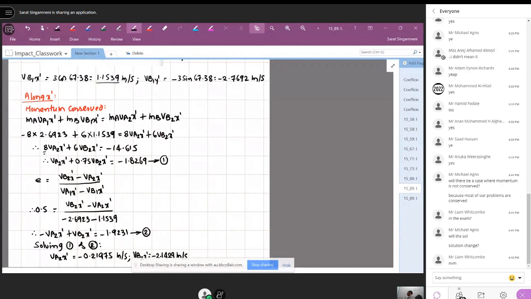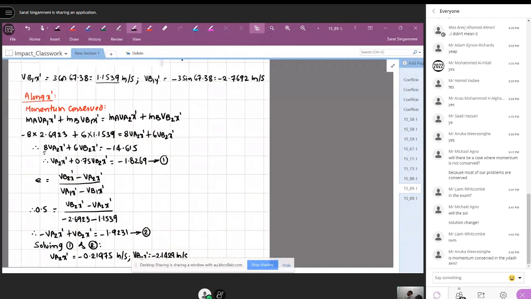If a problem involving collision of bodies is given along the line of centers, the momentum is always conserved. Momentum is conserved in the y-dash axis individually, not together, because they are not actually colliding along the y-dash. I'm coming to that next. This part is clear. Along the x-dash, momentum is conserved and the coefficient of restitution equation applies.